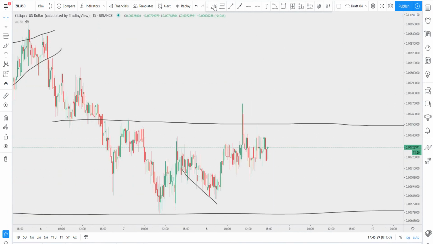Can you guys see all these candles with long tails? Just 1 second, please. Okay, let's go. All these candles with long tails are heavy bot activity.